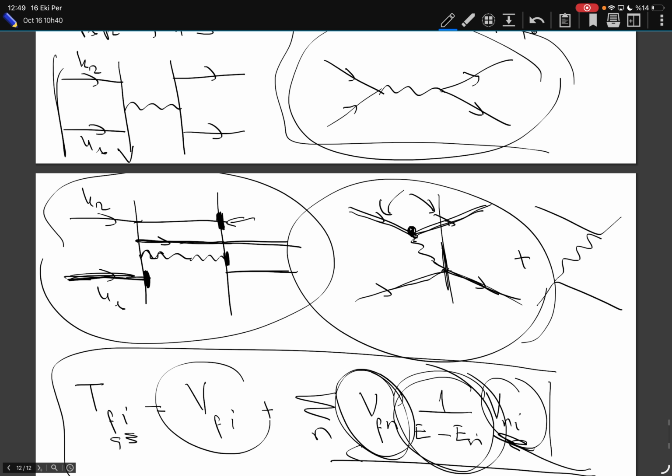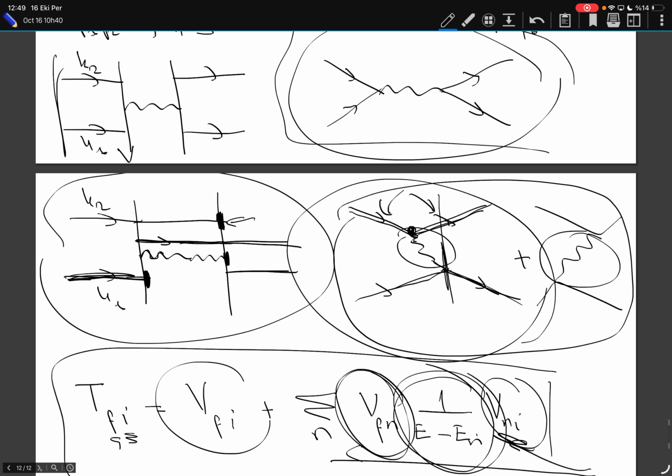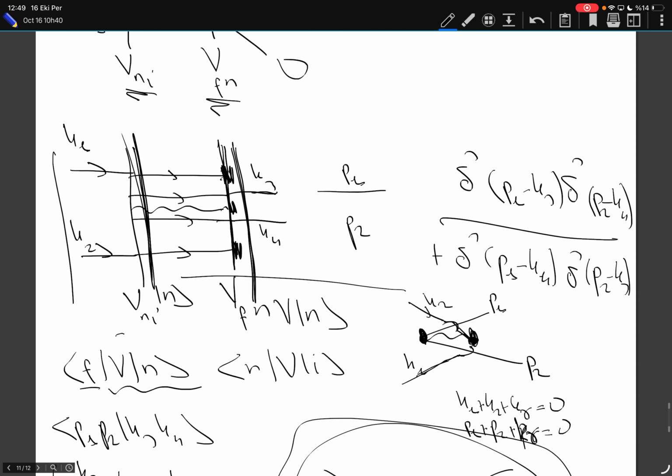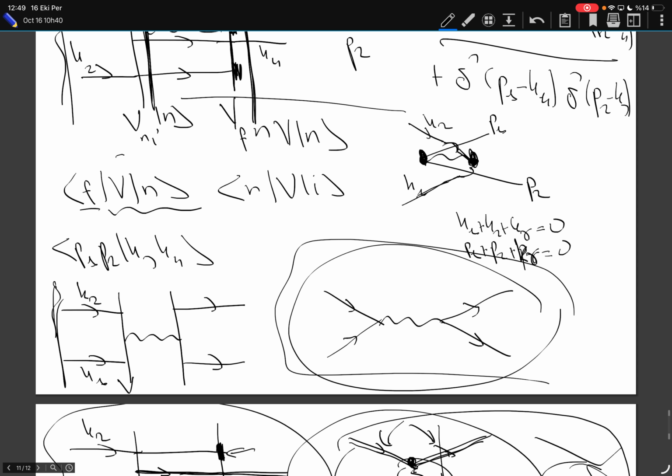These 2 diagrams will be added and give us what we call a Feynman propagator for this annihilation diagram. It won't be 0.